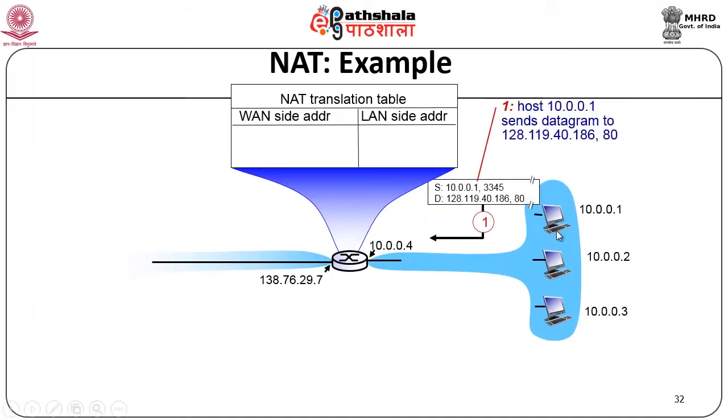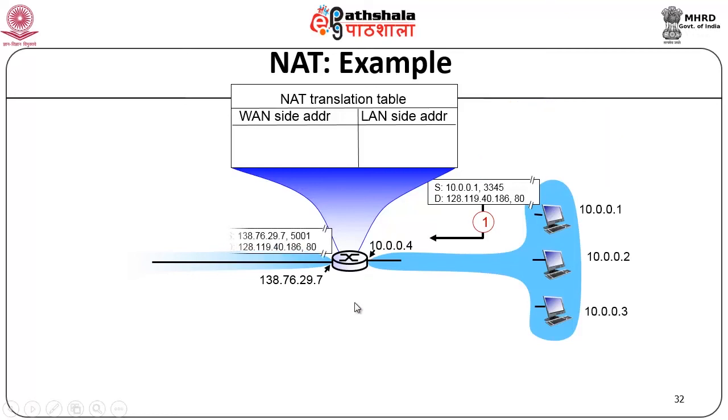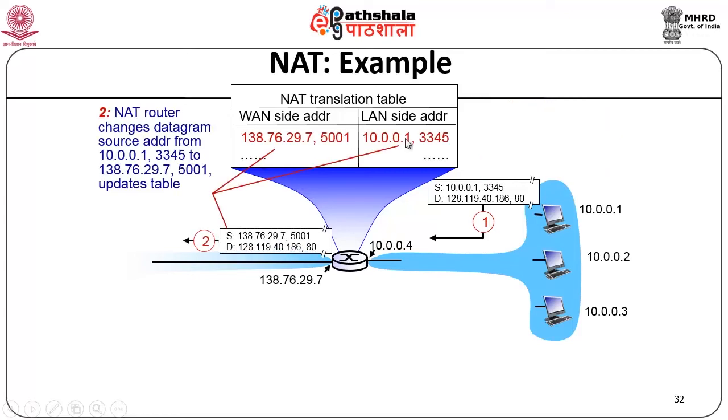For instance, when a host from here sends a packet, it sends data to a particular destination address on a port number. At the NAT table which exists at the router, there will be a mapping done. The LAN side address 10.0.0.1 at some port number is mapped to a WAN side address which is 138.76.29.7 at a different port number, and this is what is sent out on this side.